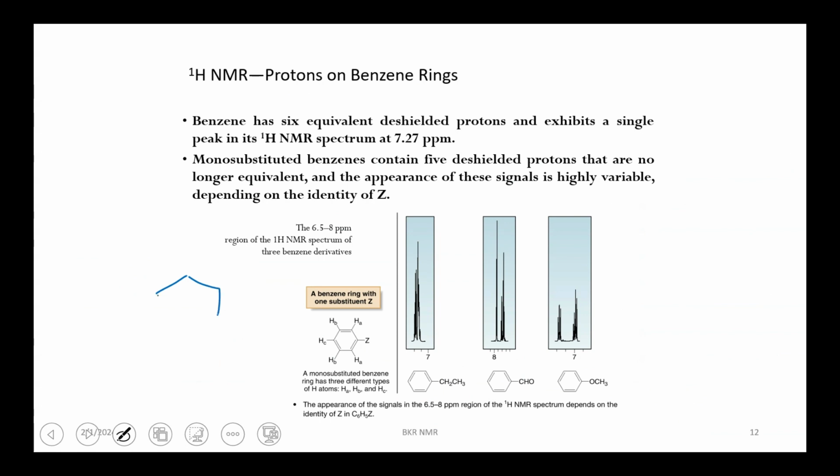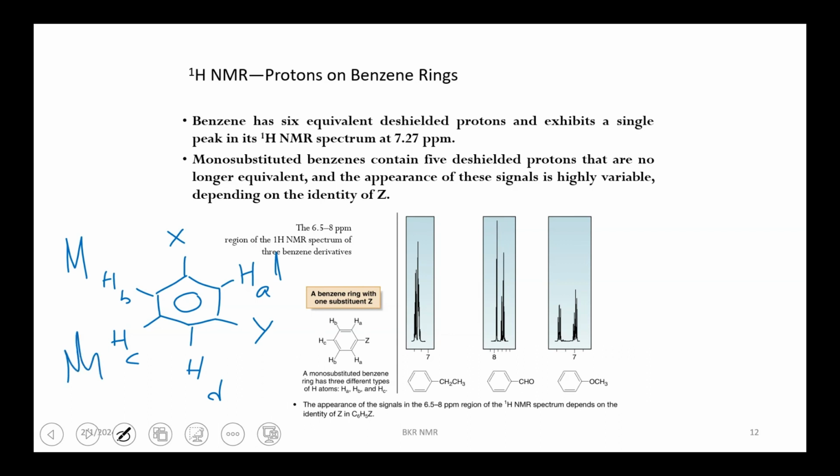So when I have a meta disubstituted, you know that you have four signals A, B, C and D. We will be having a singlet, a doublet, a triplet, and a doublet.